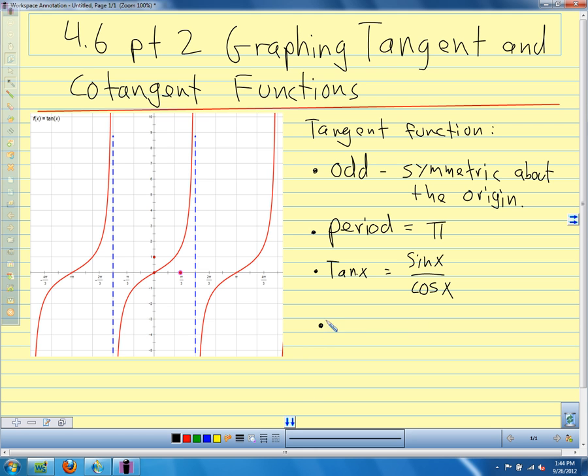The function is going to have a vertical asymptote everywhere that the cosine of our number is 0, because anytime the cosine of our number is 0, we'd be dividing by 0, and that gives us an undefined value. So everywhere that cosine of our number is 0, we have a vertical asymptote.